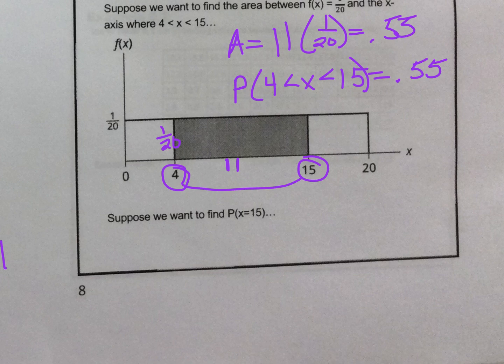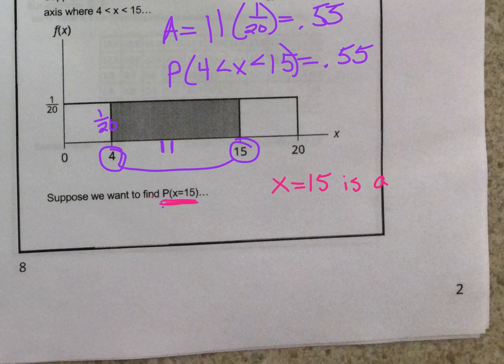Suppose we want to find the probability that x equals 15. Let me write this differently. X equals 15 is a vertical line, right? All right, so x equals 15 is a vertical line right here.